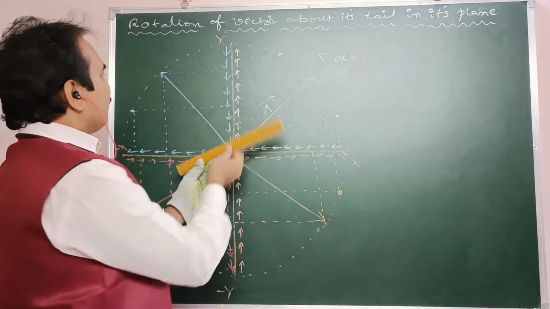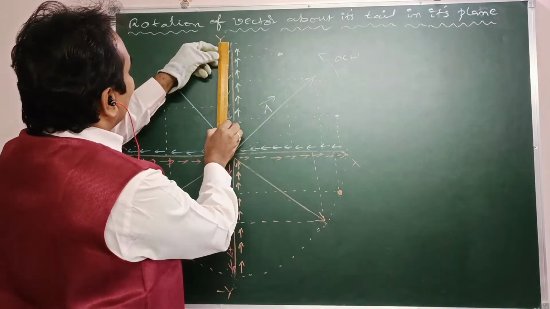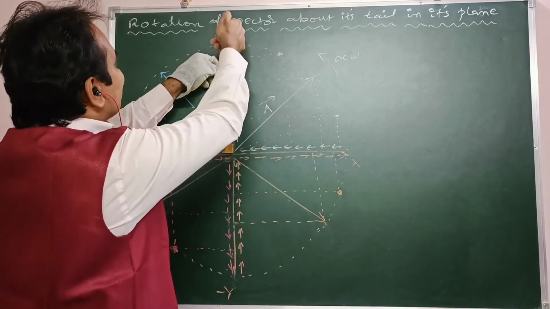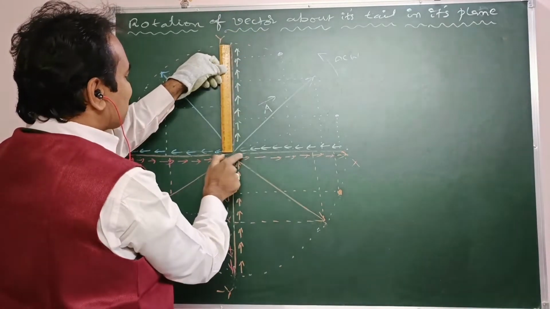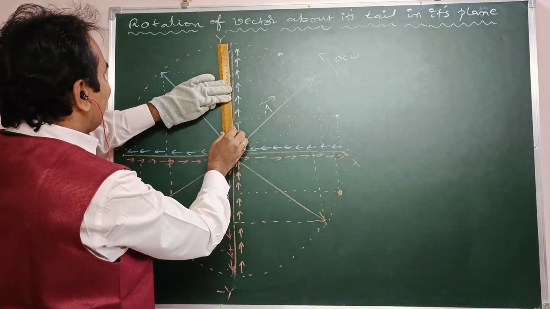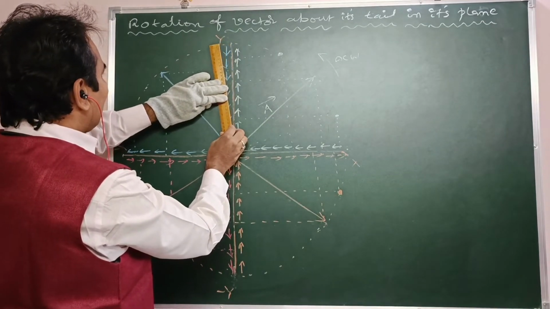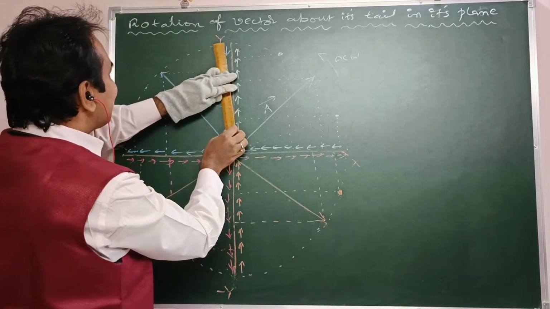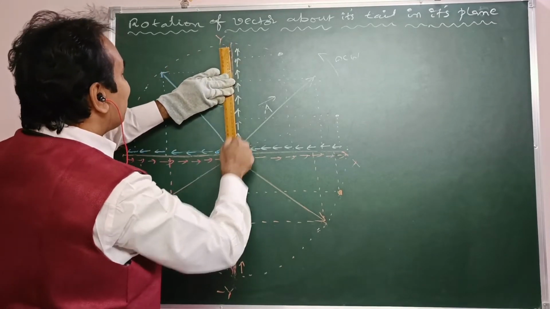The same vector pointing positive y direction means y coordinate becomes equal to total length of the vector, then x coordinate 0. If it is further rotated about its tail, like that, in second quadrant, what happens? Y coordinate decreases. Previously, this is the y coordinate from here to there.